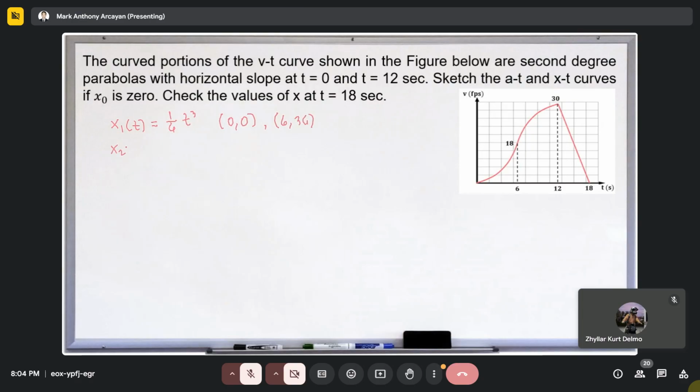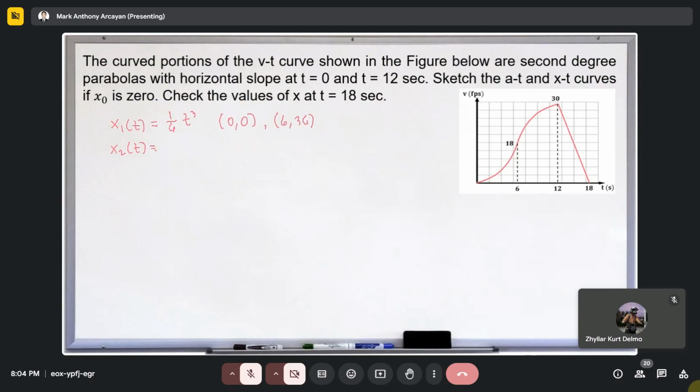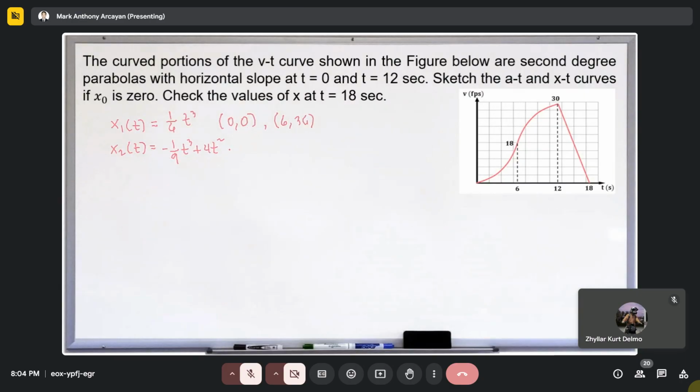Next, for the second displacement, the equation is still cubic: negative 1/6 t³ plus 4t² minus 18t plus 24.